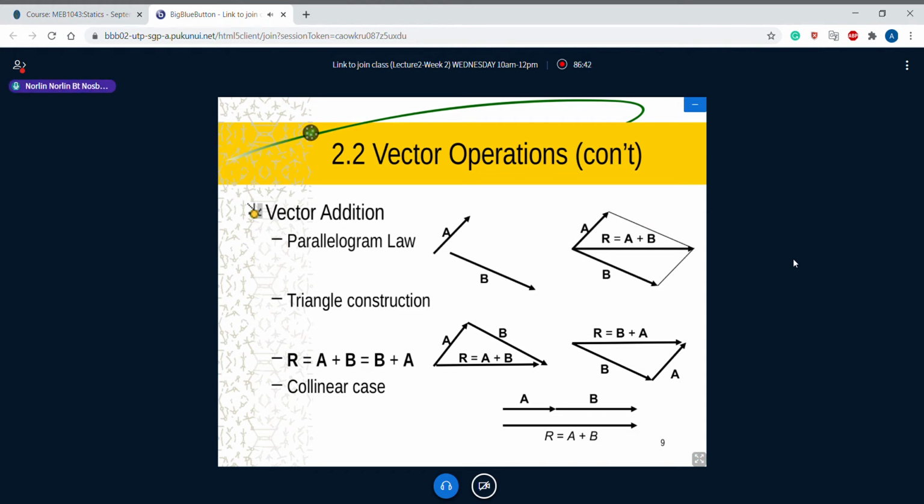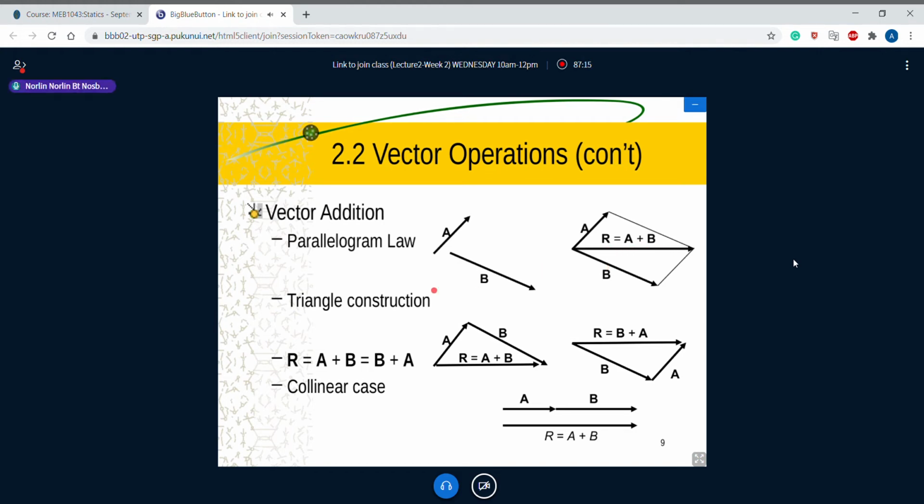So that's why you draw it like a rectangular shape, right? If you want to find the resultant force or the summation of A and B, it is from the start point until the end point here. So this is the total vector, A plus B.